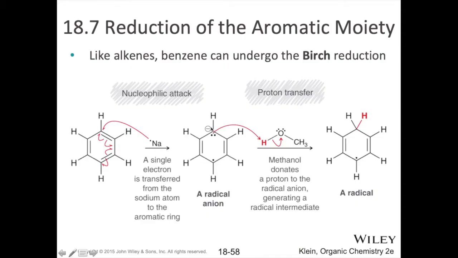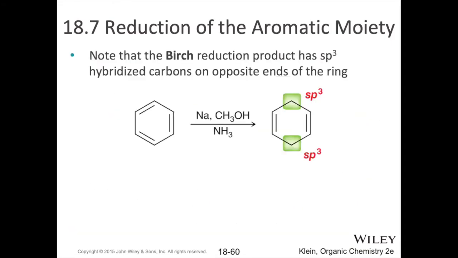That sucks away some of that electron density, and therefore stabilizes that negative charge. It delocalizes it a little bit, and therefore it lowers the energy of that transition state, and that's why converting that carbon into your sp3 carbon makes a lot more sense. So that's why we observe that.